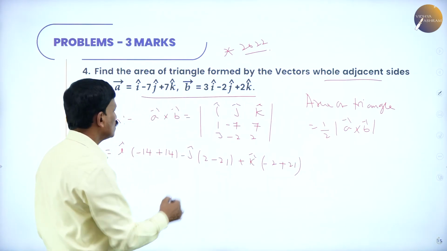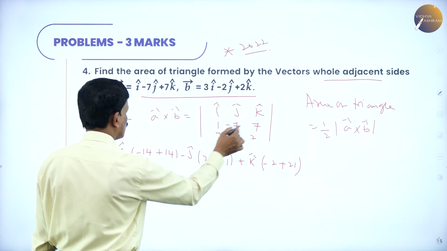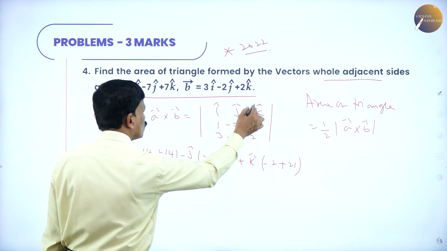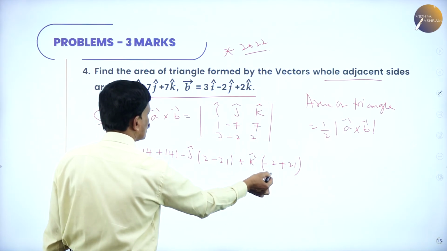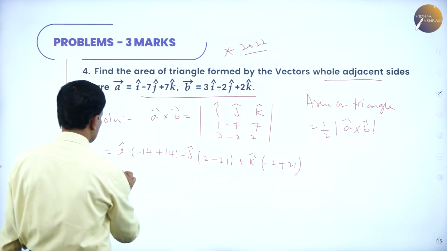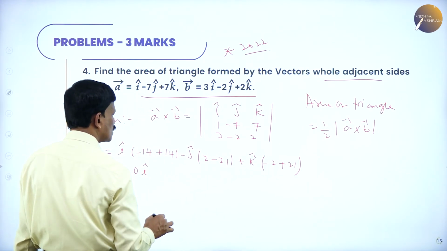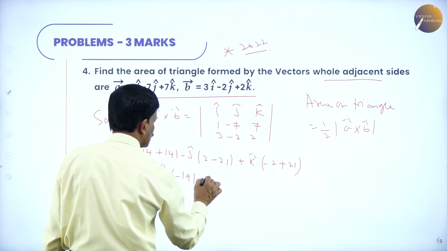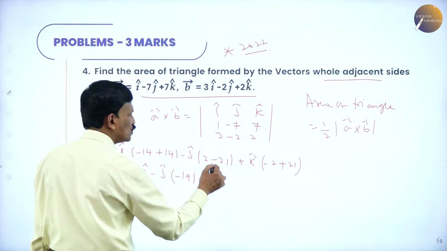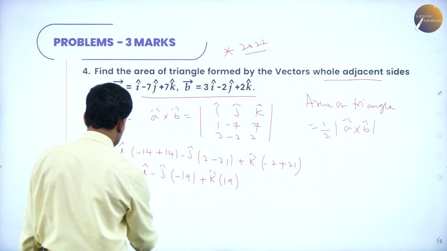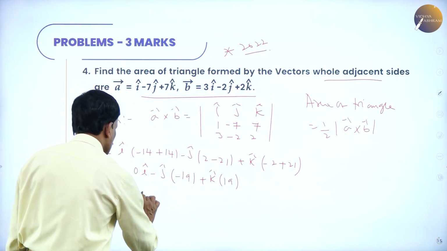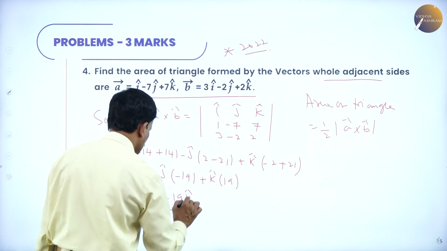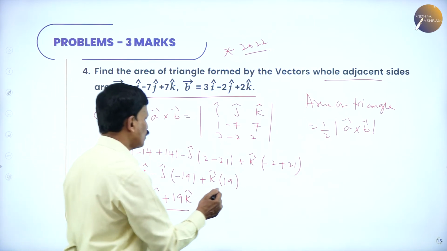So minus 14 plus 14 gets cancelled, 0 i, minus j into 2 minus 21 is minus 19, plus k cap into 21 minus 2 is plus 19. So this is 19j plus 19 times vector k. So this is A cross B. Find out the magnitude of this.